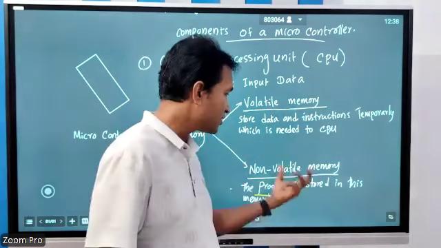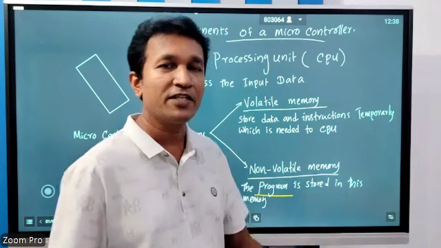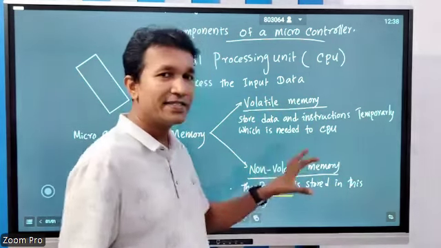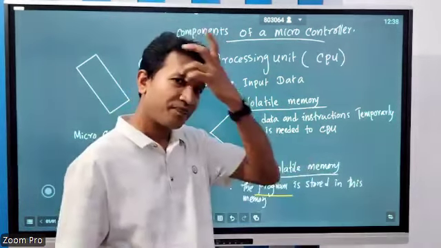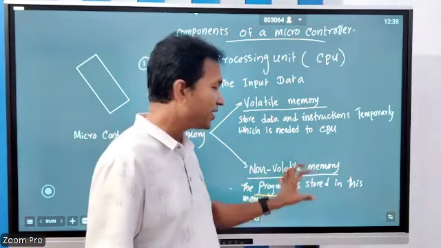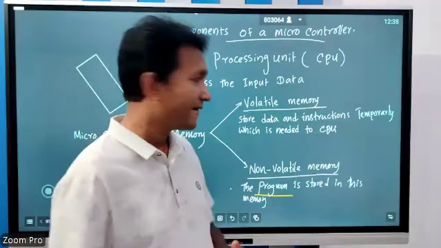So therefore, the program is stored inside this non-volatile memory. It should not erase, right? That's why it is stored inside this non-volatile memory, because it cannot be erased. Right?